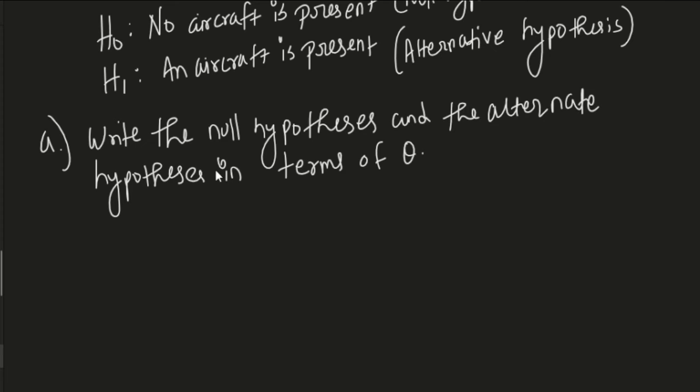There are 5 such questions. The first one is, write the null hypothesis and the alternative hypothesis in terms of theta.